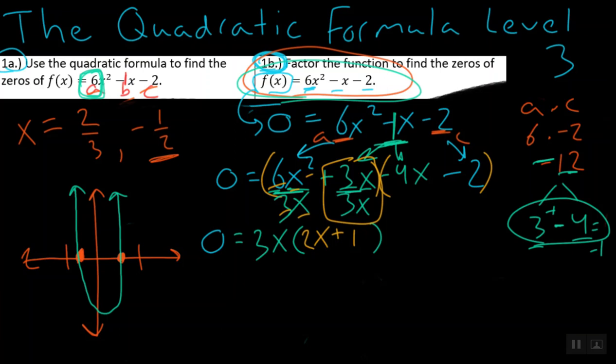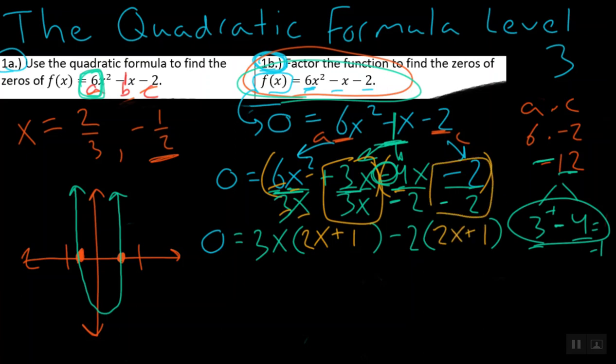Now from here, I want to divide both of these by a negative because I noticed that my leading term is negative. And 4 and 2 can both be divided by 2. So I pull out this negative 2. And from here, negative 4 divided by negative 2 is positive 2x, and negative 2 divided by negative 2 is positive 1.